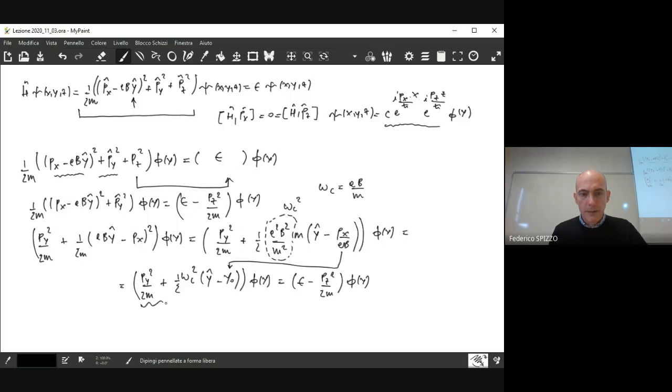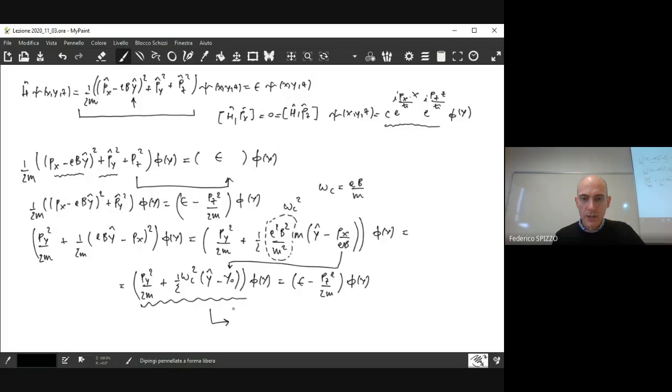So if you notice here, you have the same Hamiltonian that you have for the harmonic oscillator. So what you expect is that the energy values are the same energy values that you have in the case of a pure harmonic oscillator.